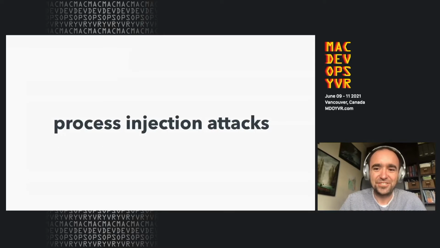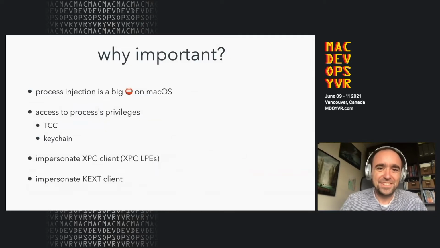So, process injection attacks. Process injection in general is a very well-known technique on all OS platforms, but on macOS it's very unique, and it's very strictly forbidden. That's because the macOS security model is very closely tied to code signatures and entitlements, which are inside the code signatures.